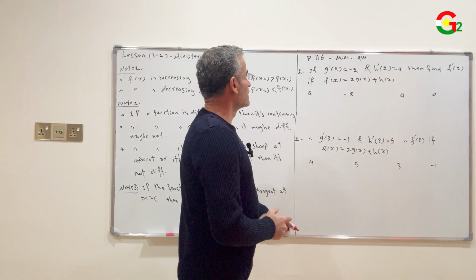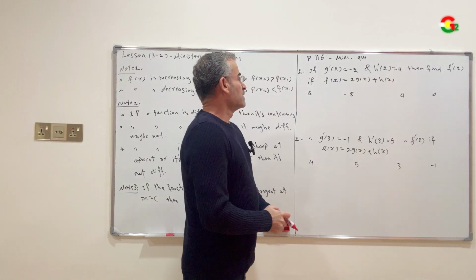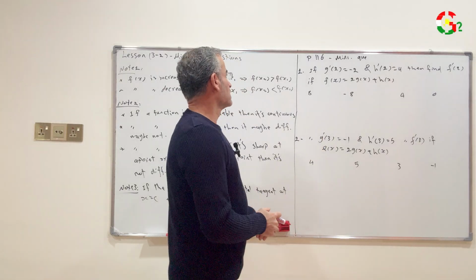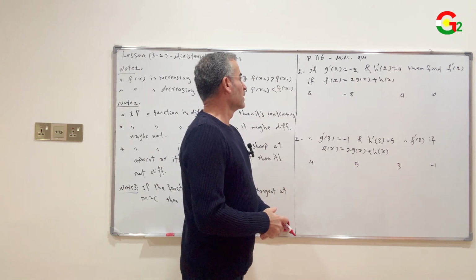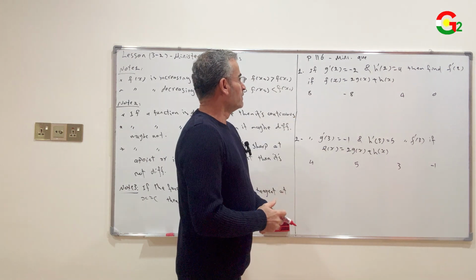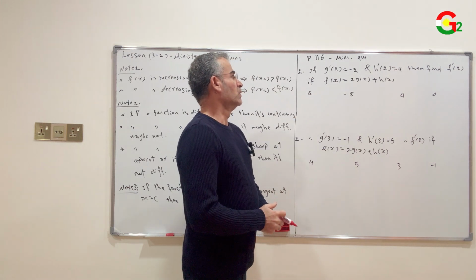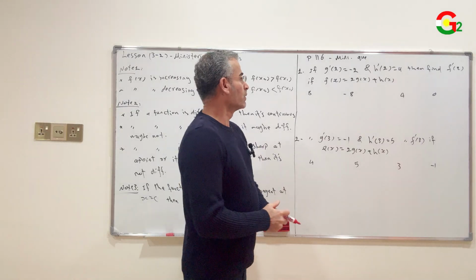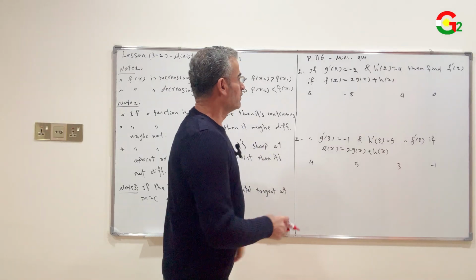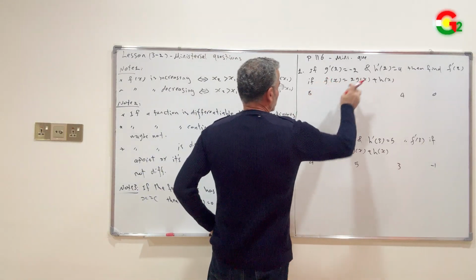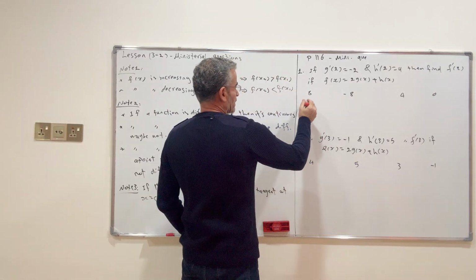Question number 1, set of ministerial questions, page number 160 of the book of ministerial questions. If g prime of 2 equals negative 2 and h prime of 2 equals 4, then find f prime of 2 where f of x equals g of x plus h of x.